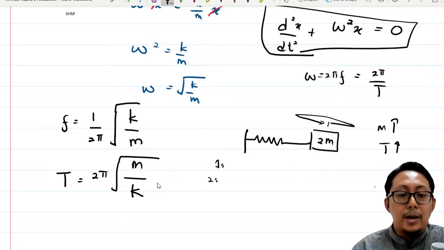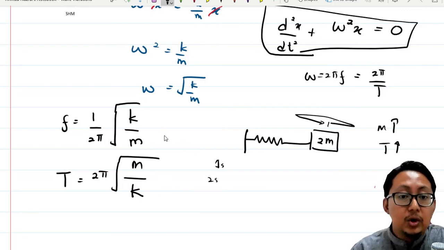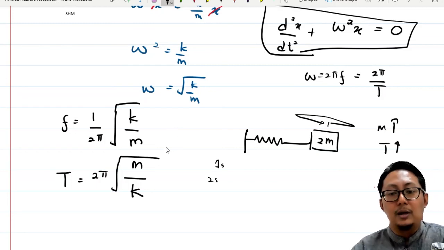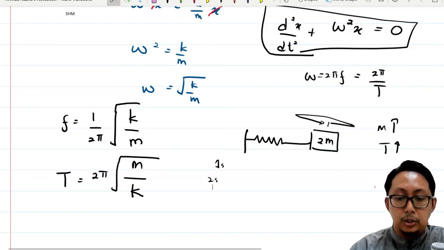So when the period increases, it takes a longer time to complete one cycle, so the frequency will reduce, because frequency is how many cycles there are in 1 second. So this is for the mass spring system, and later on we can continue with the pendulum. See you in the next video.